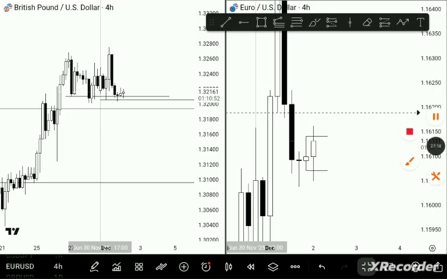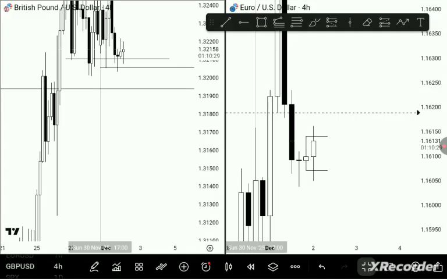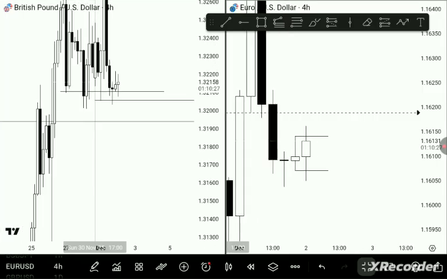You've already built an analysis by coming up with a daily draw on liquidity and your daily bias. When you move on to the 4 hour, you're trying to build context, a relationship with that daily bias. If that relationship can be met, then you see the executions coming easy.